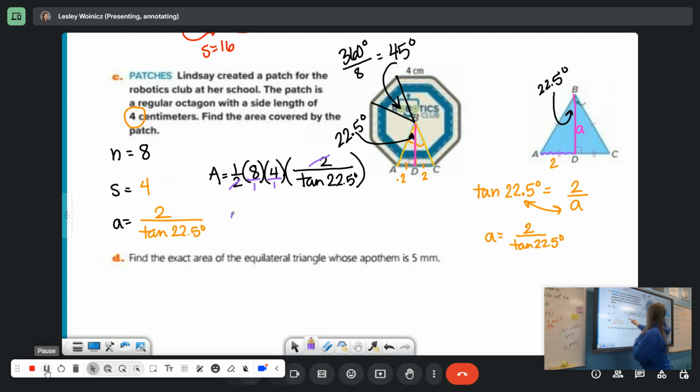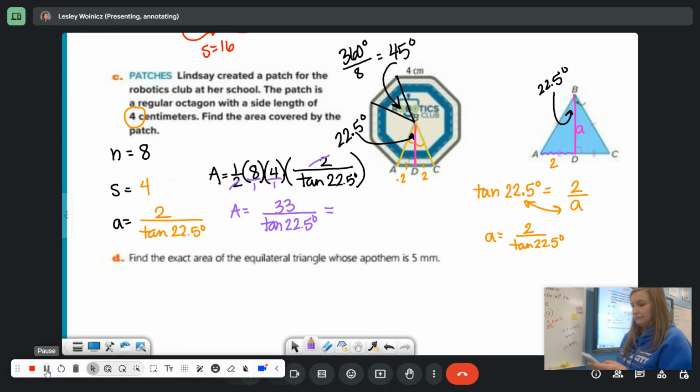So in my calculator, I can just put in 8 times 4 is 32. So I can do 32 divided by the tangent of 22.5. You want to save your rounding to the end as much as possible. And the better you get at it now, the less it'll hurt later when it matters in engineering school. So 32 divided by, let's all make sure that we are in degrees.